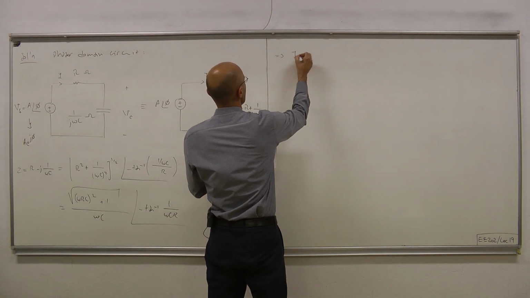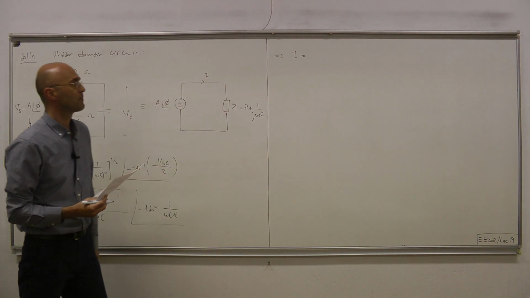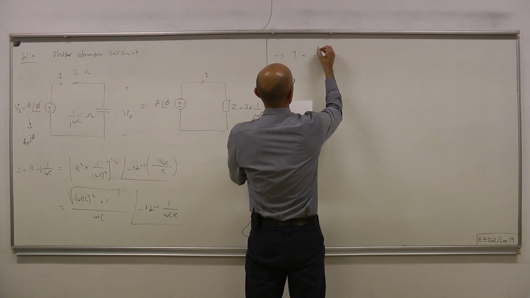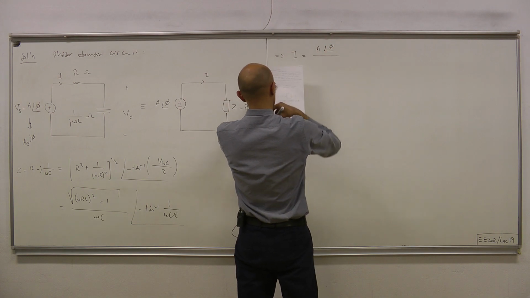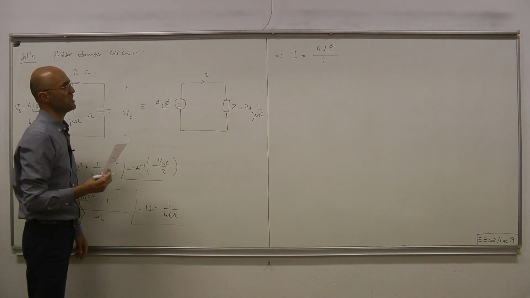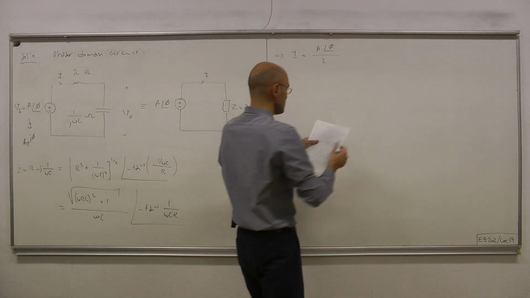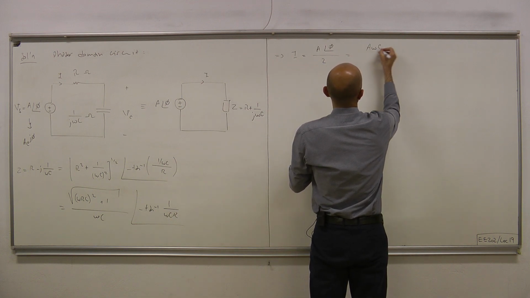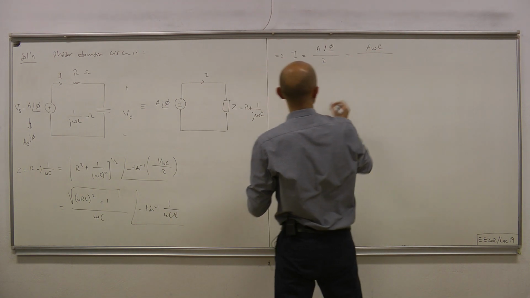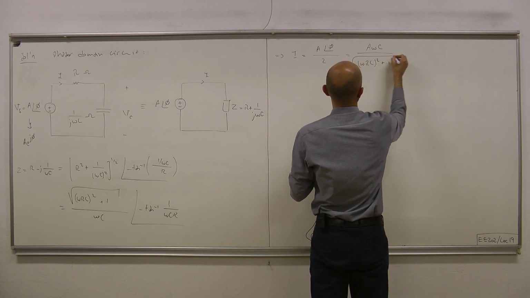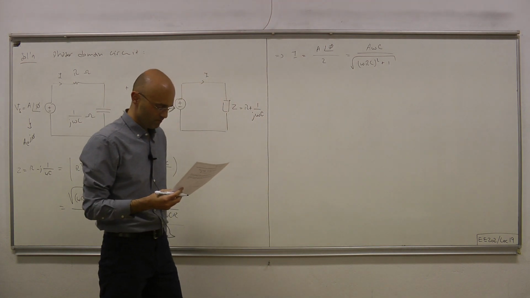Then the current, or the phasor of the current, is the voltage of the source divided by the impedance seen by the source, which is A omega C over the square root of (omega R C) squared plus 1.